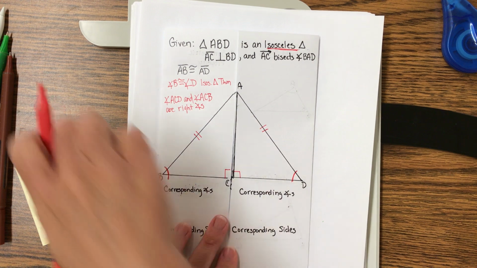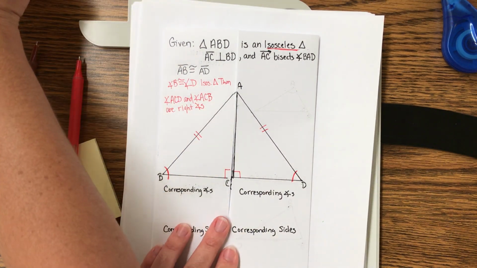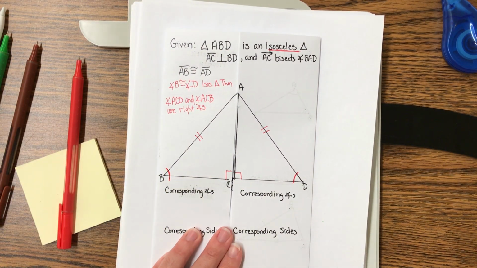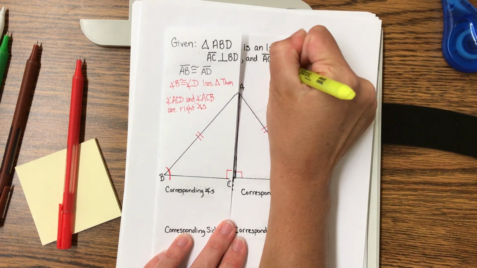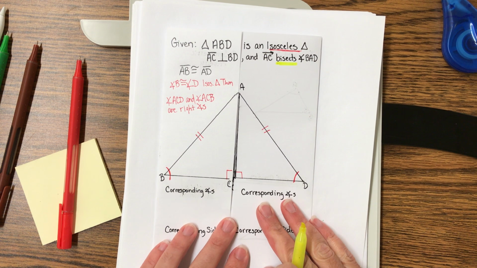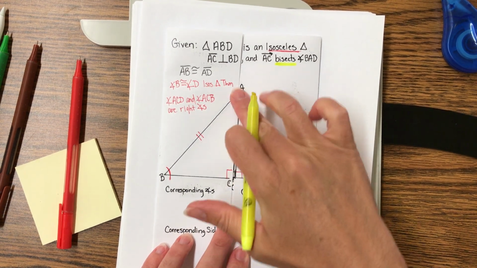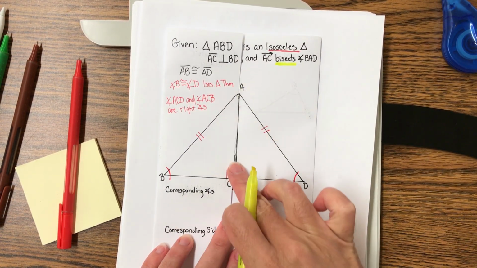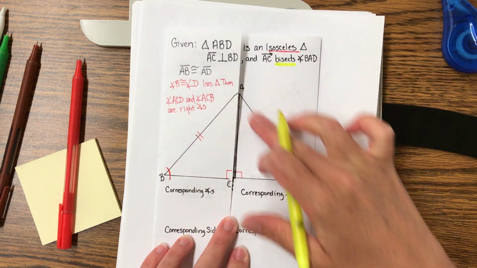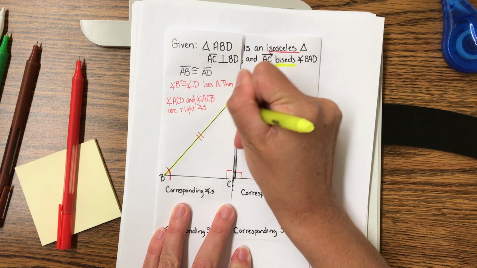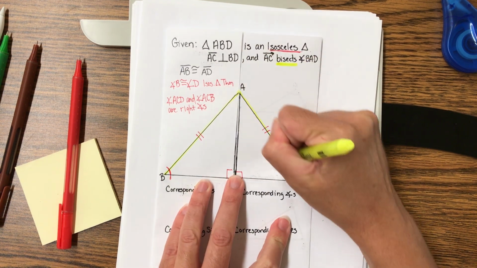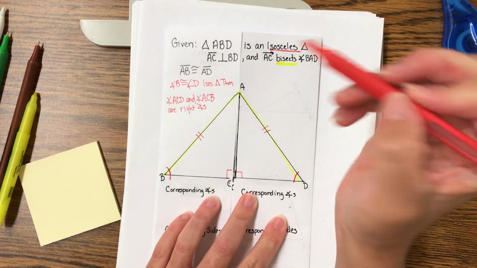Okay, and then now let's talk about bisects. In one of the previous lessons, you learned that bisect means cuts in half. So what exactly is being cut in half? AC, this ray AC, is bisecting this angle. So this angle BAD is the angle that's being cut in half. All right?